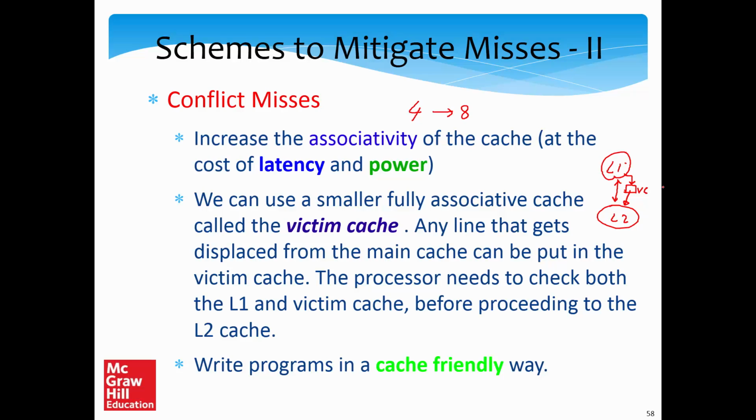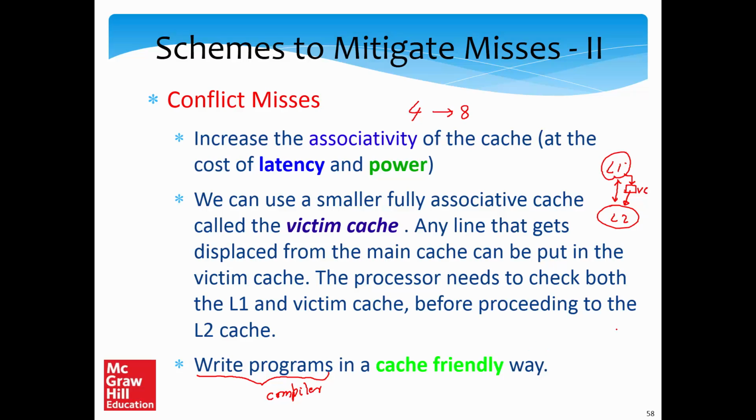But before discussing that, let me take a look at the third point, which is to write programs in a cache-friendly way. What this basically means is that, either at the level of the programmer or at the level of the compiler, so this is mainly at the level of the compiler actually, when I say write programs, it's not so much from a programmer's point of view, but from the point of view of the compiler.